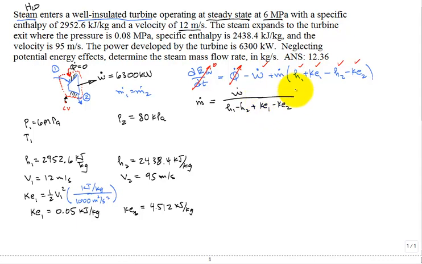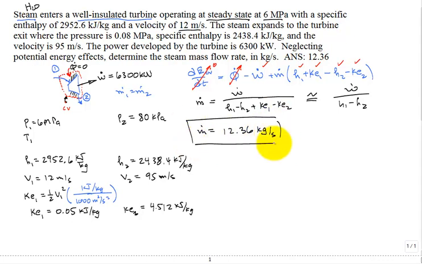Now some people may forget the kinetic energies, and they would just write W dot divided by H1 minus H2. That's not precisely correct, but when you do the math on both of these cases, the first case is going to give us 12.36 kilograms per second, and that's our answer.